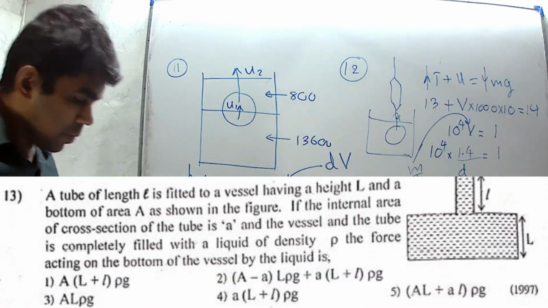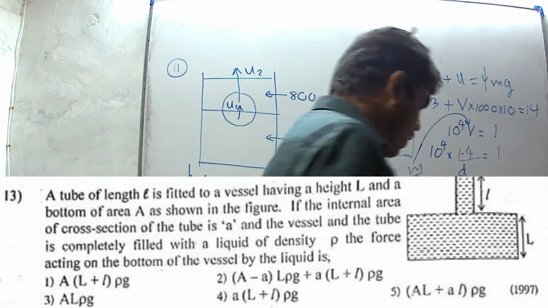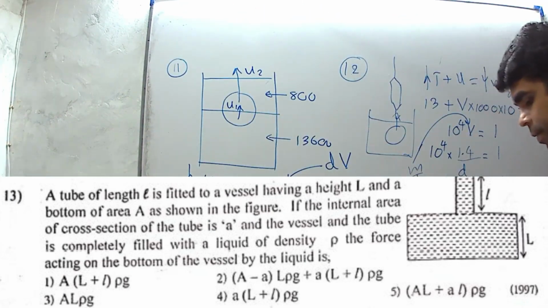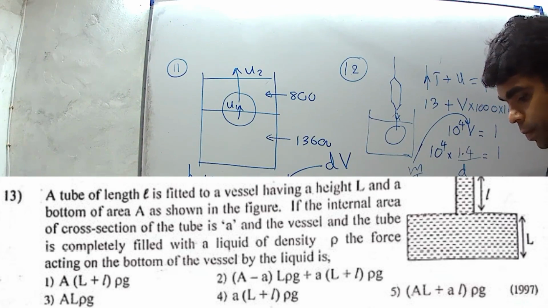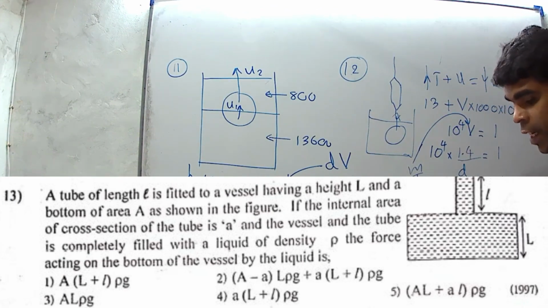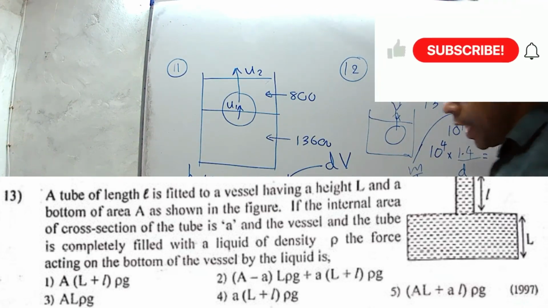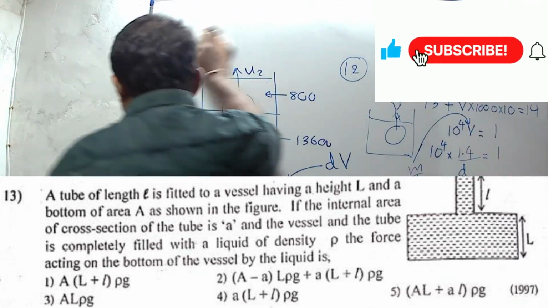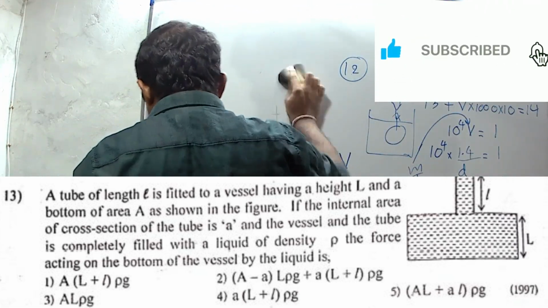Then 13. A tube of length L is fitted to a vessel having length L and bottom area A, as shown in the figure.